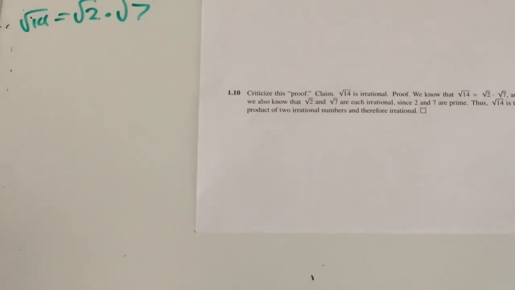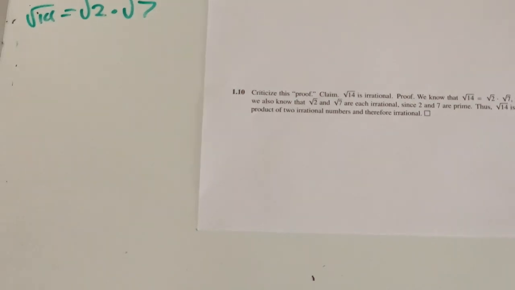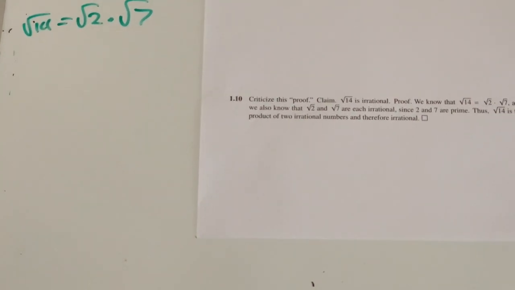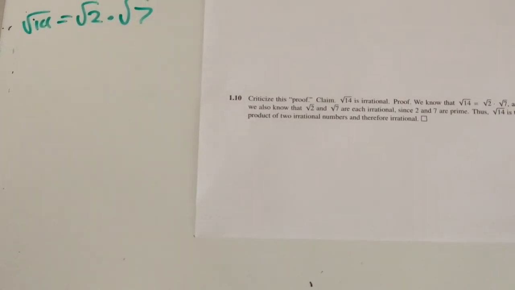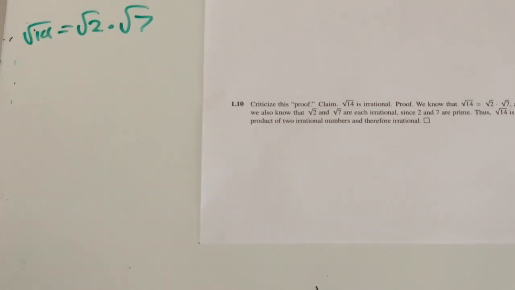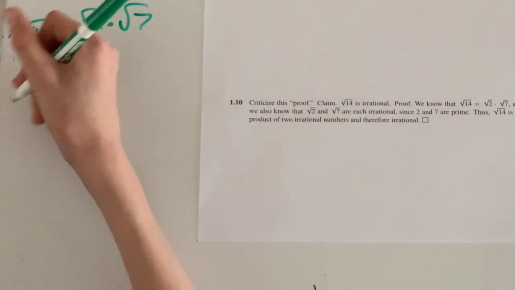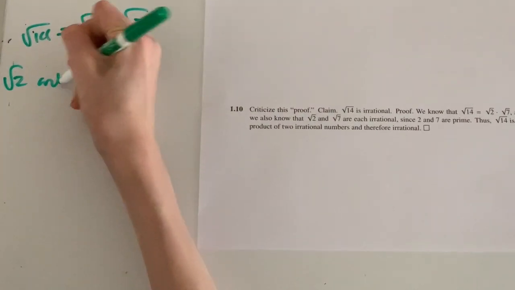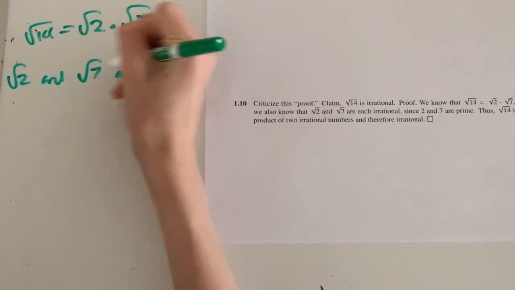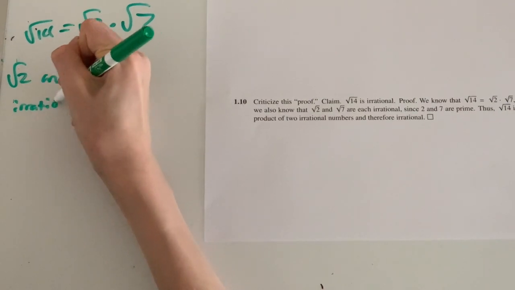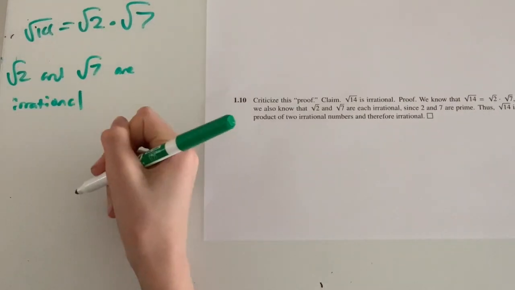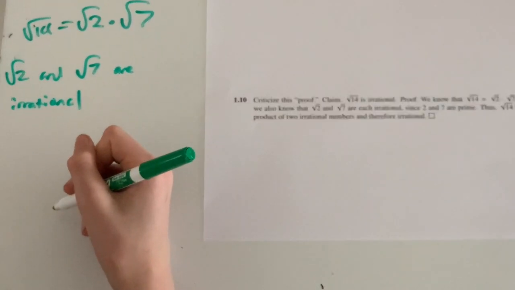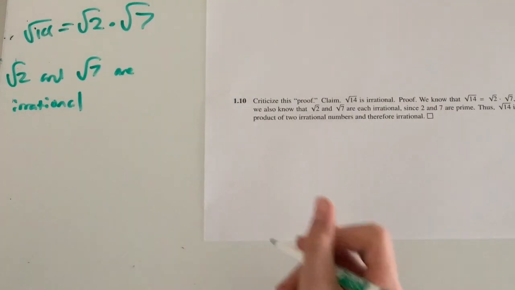Square numbers can't be primes because a square number is a number times the same number. So the square root of 2 and the square root of 7 are irrational. Thus, the square root of 14 is the product of two irrational numbers and therefore irrational.